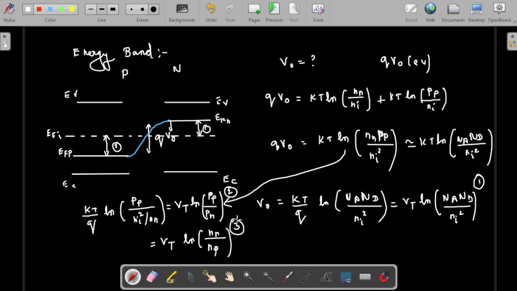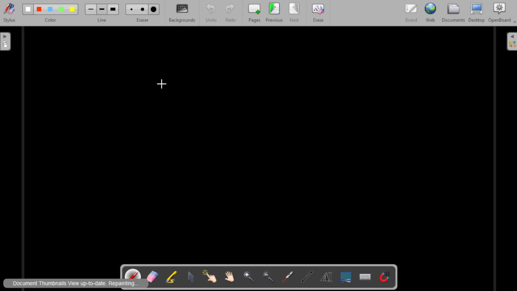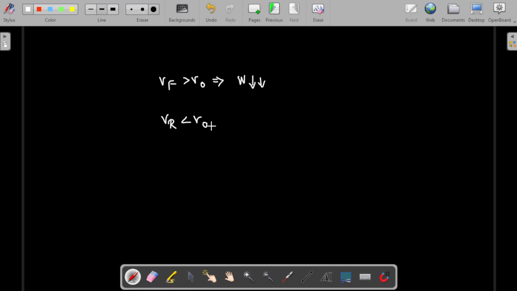This gives some amount of V0, the voltage that needs to be externally applied. For example, if we apply Vf and Vf is greater than V0, then there will be current movement and the potential barrier will be reduced further.